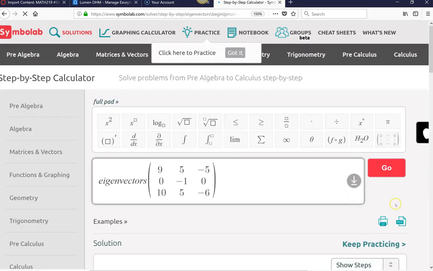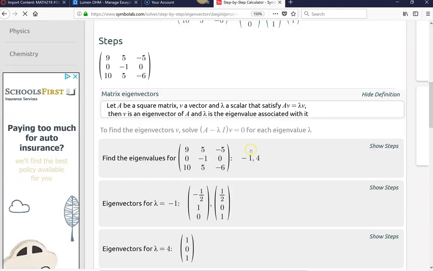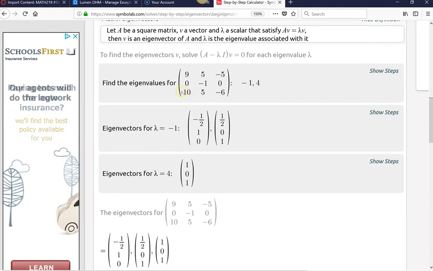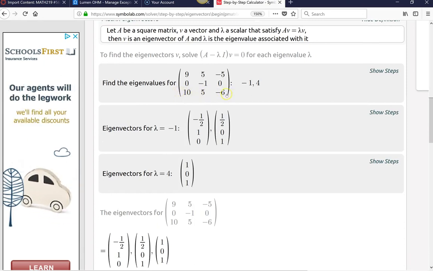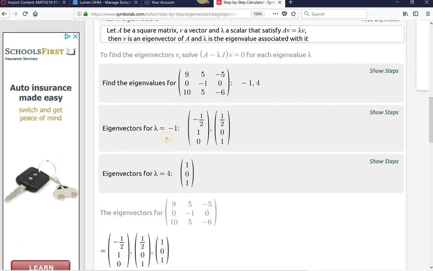Now it gives me my eigenvectors, but when I go down to the steps involved, you see the eigenvalues for this matrix: -1, 4. Then it says eigenvectors for lambda equals -1, and it gives you the eigenvectors. And then it says eigenvectors for lambda equals 4, and it gives you the eigenvectors.